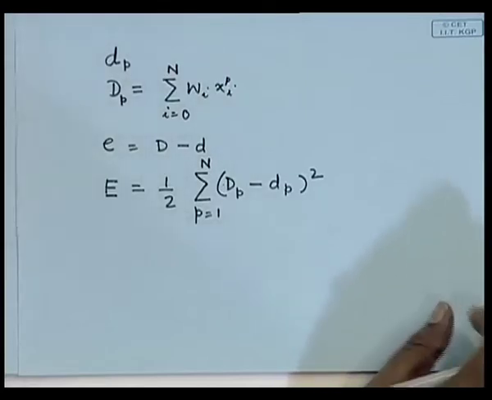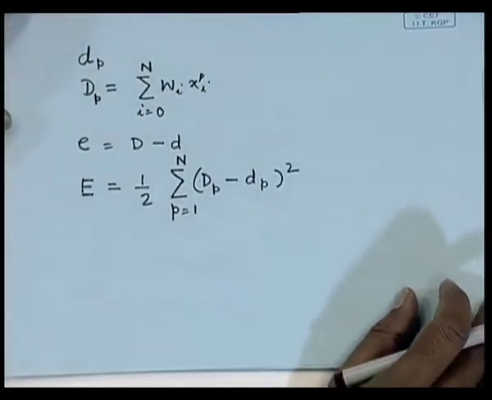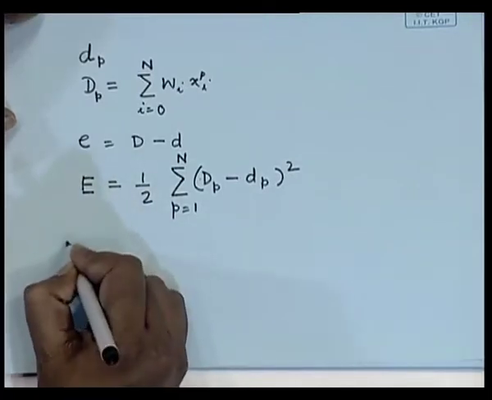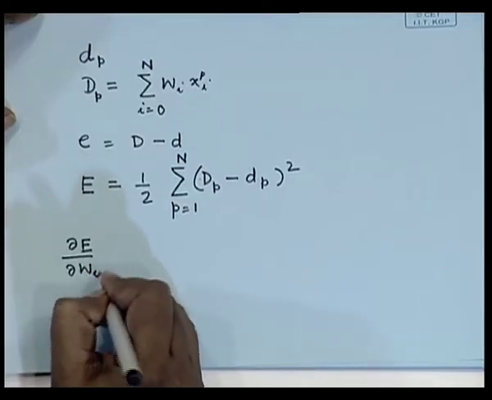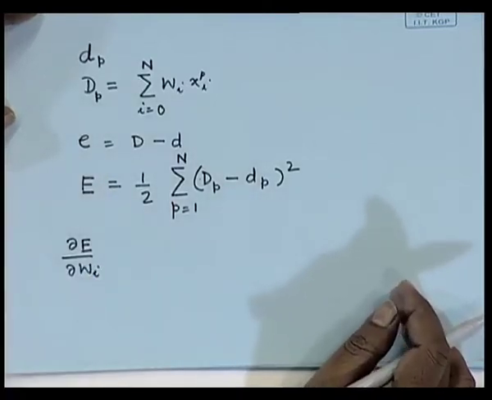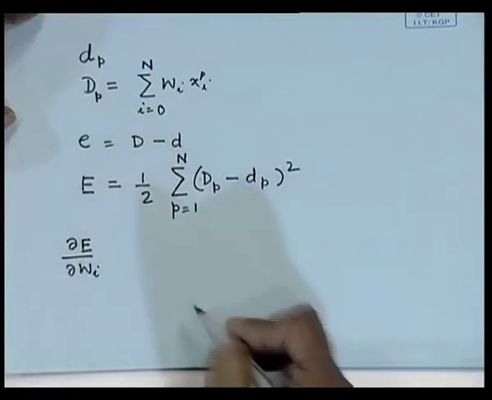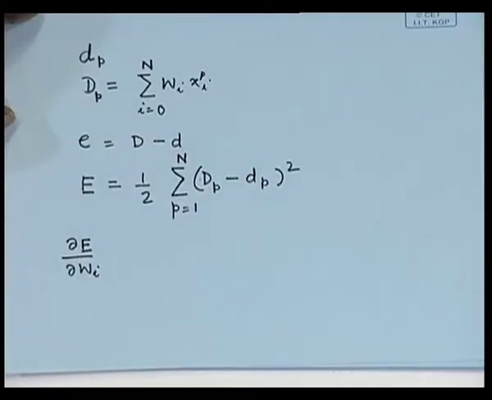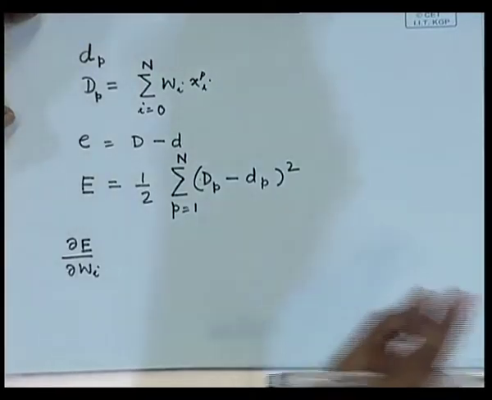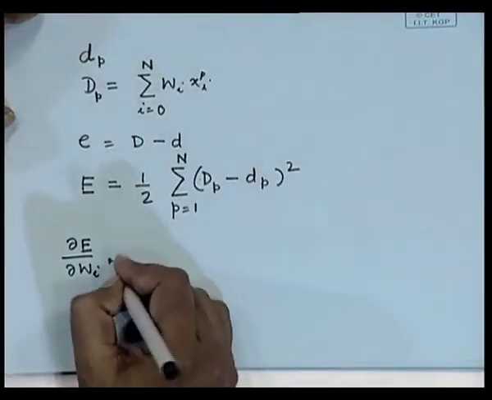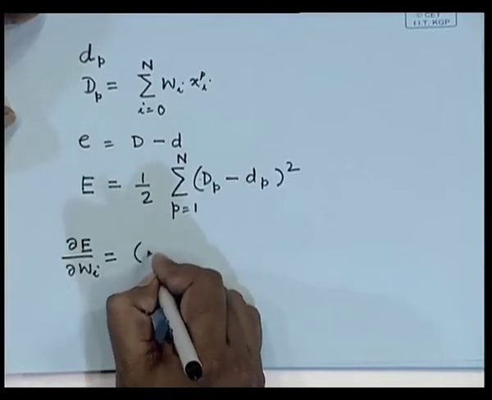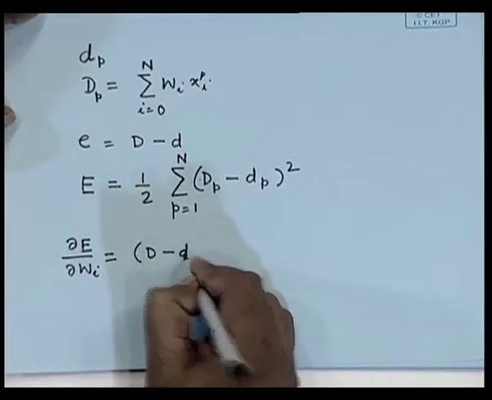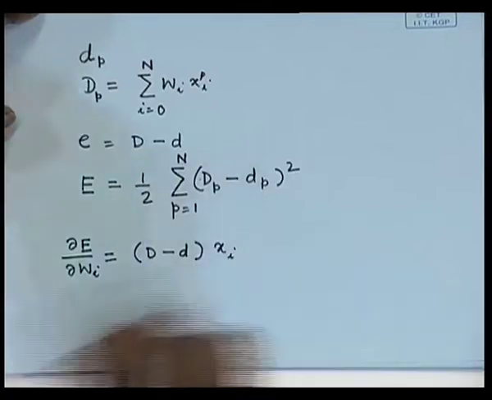If I take the gradient, del E upon del w_i, which is the ith component of the weight vector, where i varies from 0 to capital M, as there are m plus 1 components, including the one that we have added as bias. This del E del w_i, if you compute it, will simply become (d minus D) into x_i.